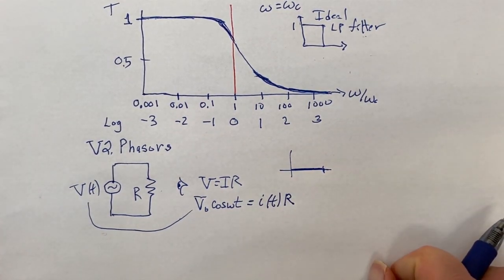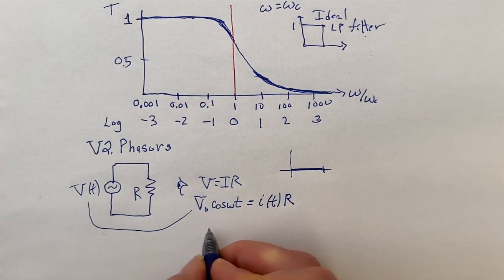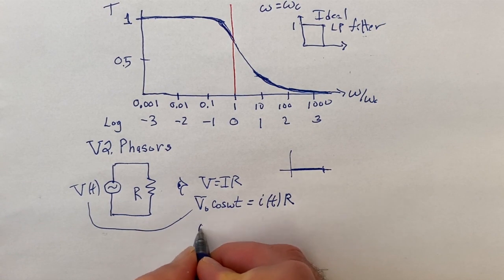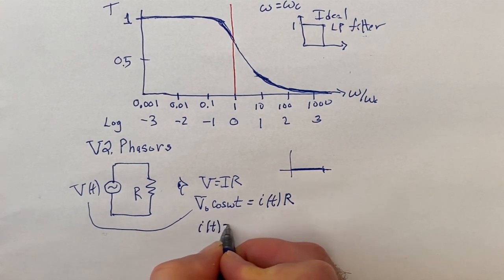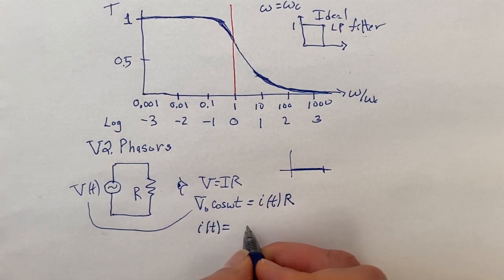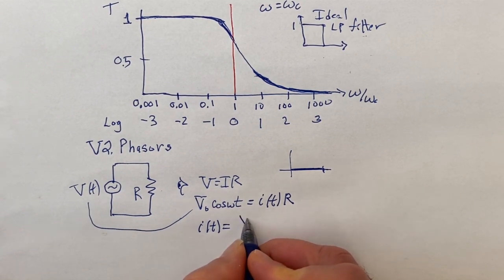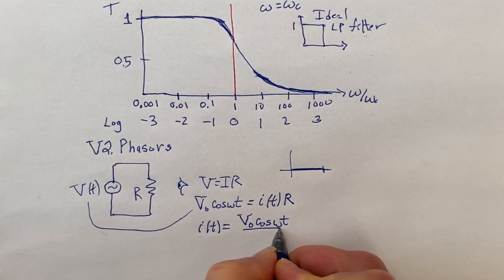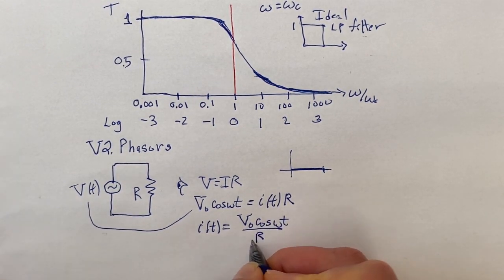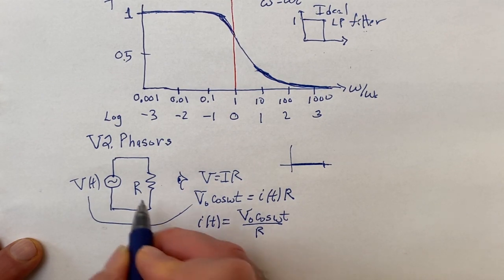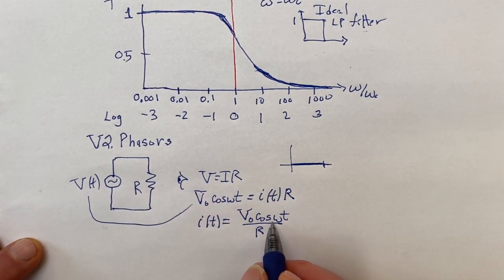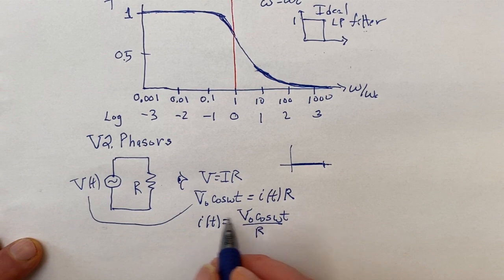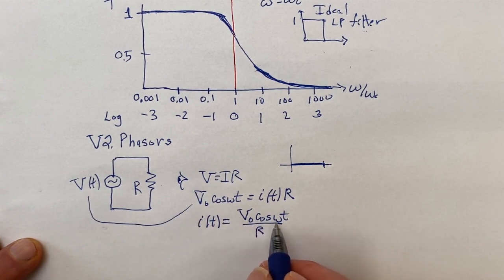All right. And here, we're going to look at a solution for the current, i as a function of t. i as a function of t is V naught cosine omega t divided by R. Notice that the current through the resistor here is in phase, and we have a nice, very simple relationship.